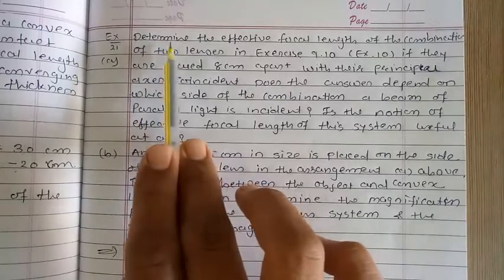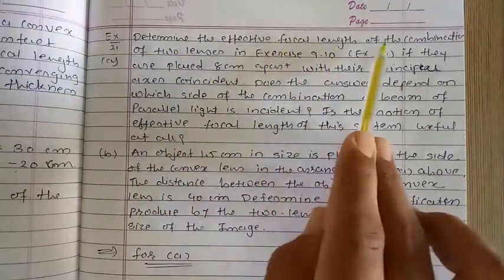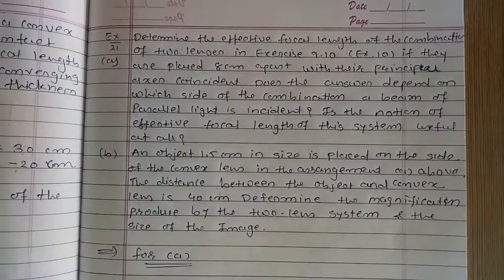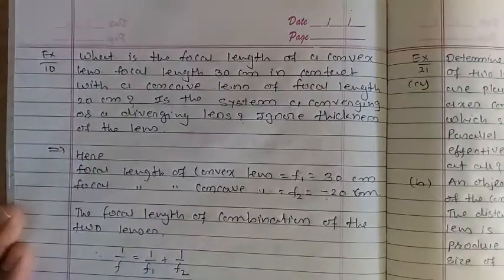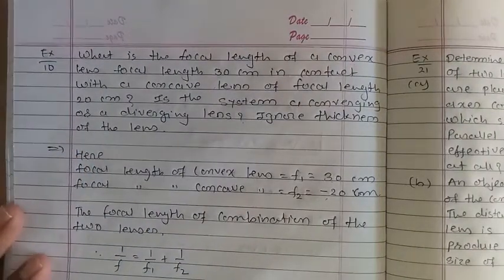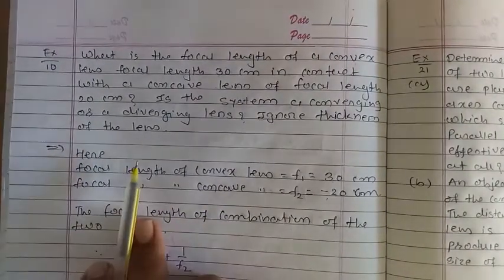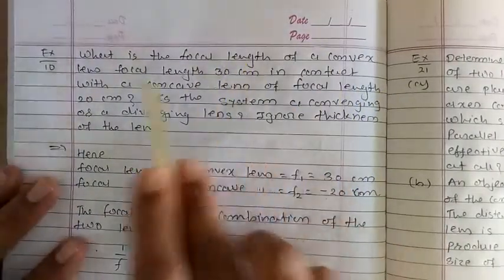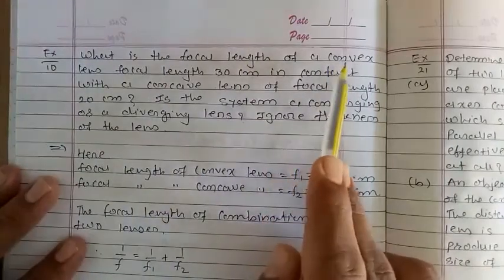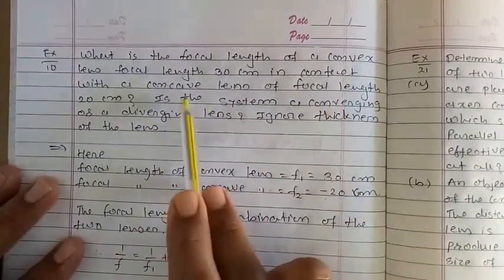So here, determine the effective focal length of the combination of two lenses. Exercise number 9.10. We already discussed this question in our last lecture, right? So in exercise 10 there are two lenses, first convex and second concave.